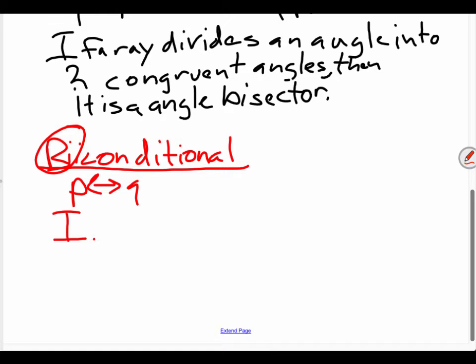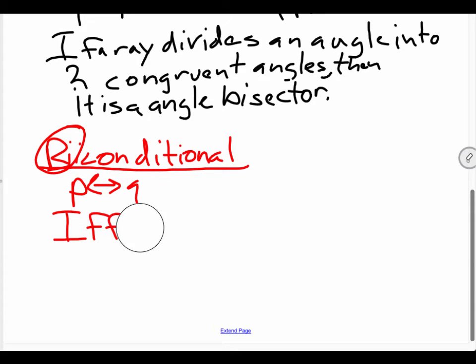If and only if a ray... Well, let's stick to P and Q. What was P? I forgot now. A ray is an angle bisector. Yeah.